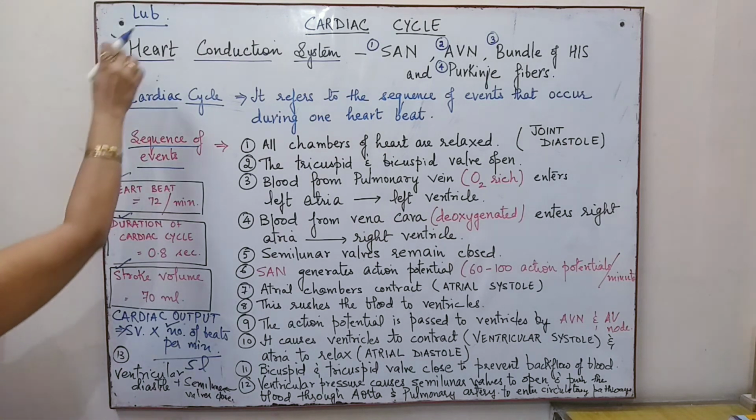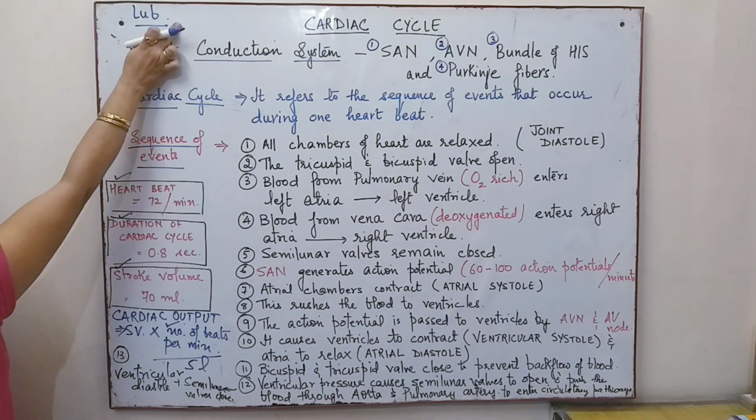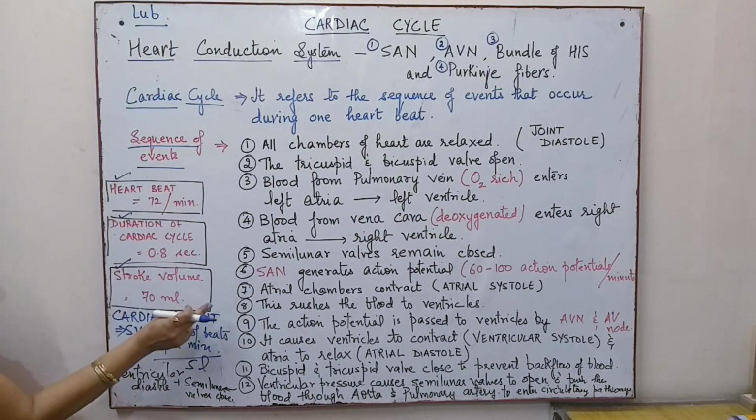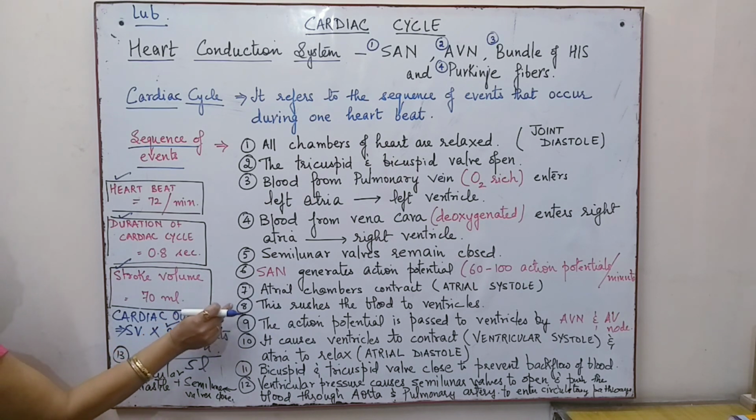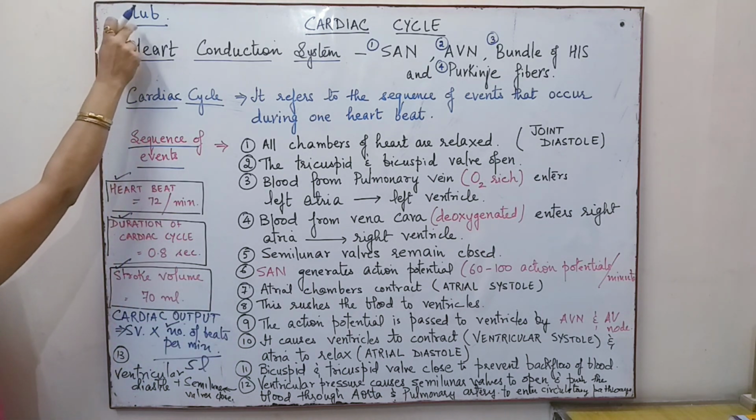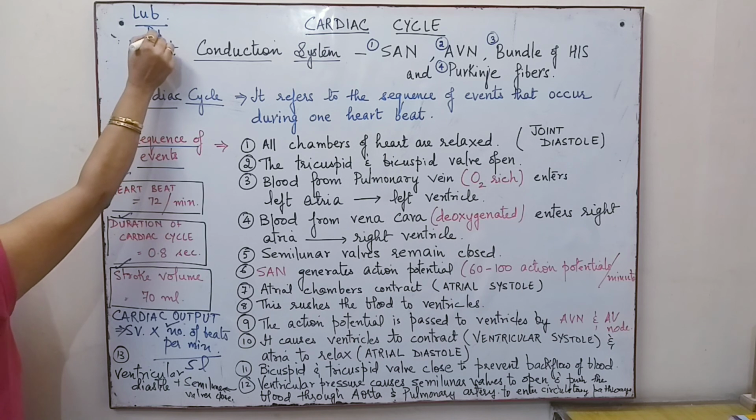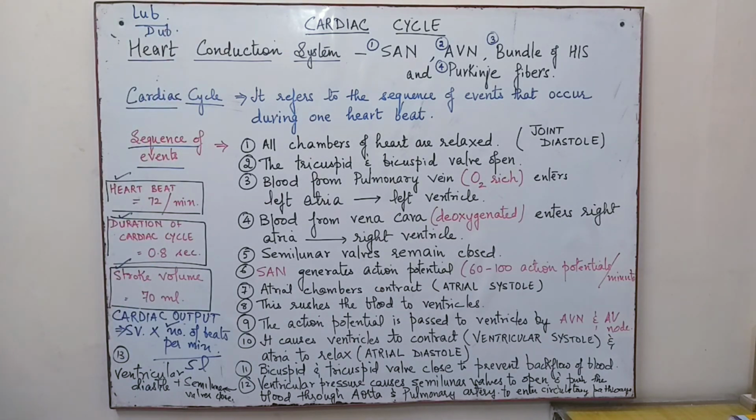That happens when the atrial chambers contract and the blood has entered into the ventricles. That time the lub sound will be heard. The second is the dub sound. The dub sound is heard when the semilunar valves close. It is when the ventricles empty themselves. So we have the closure of the semilunar valves.